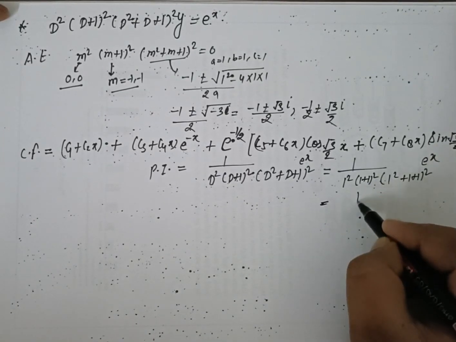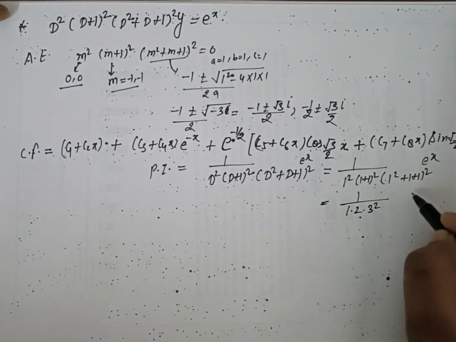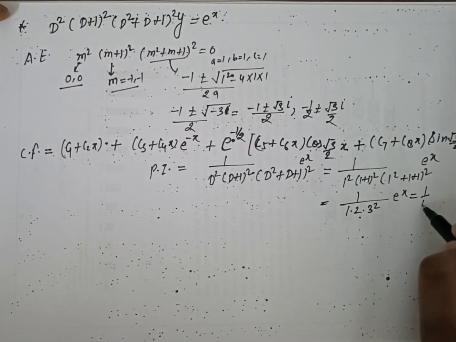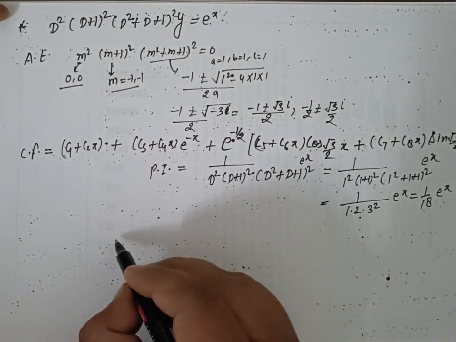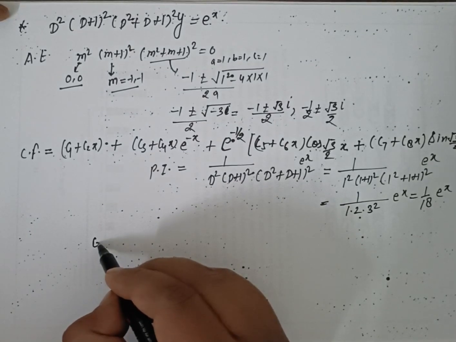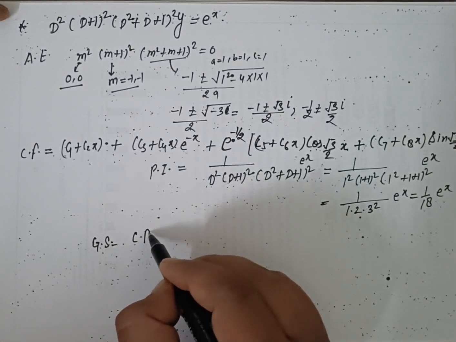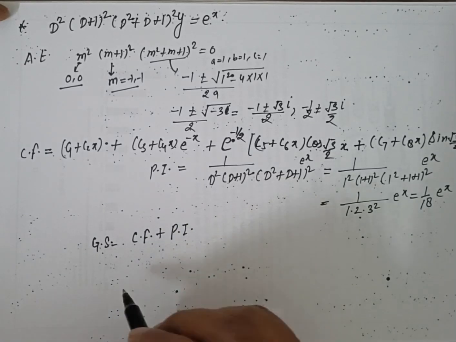So finally you will get 1 into 2² into 3² e^x. So 3 3s are 9, 9 4s are 36. So 1 upon 36 e^x is your particular integral. And the general solution will be written as CF plus PI. Okay. So I think you guys understood this point very carefully. Okay.